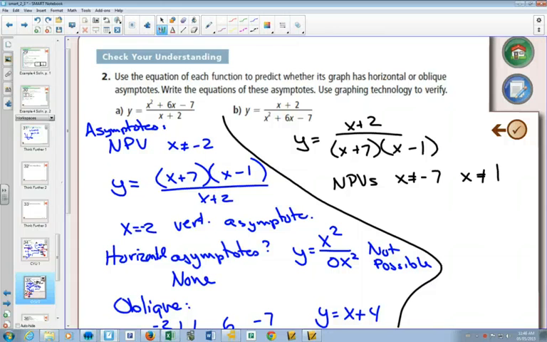And then from there we know that our vertical asymptotes are x equals -7 and x equals 1. Next we're going to check if there's horizontal or oblique asymptotes.